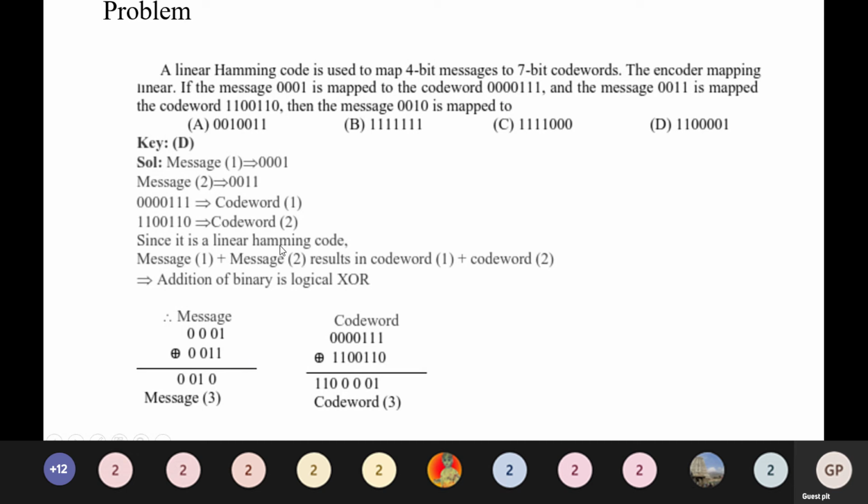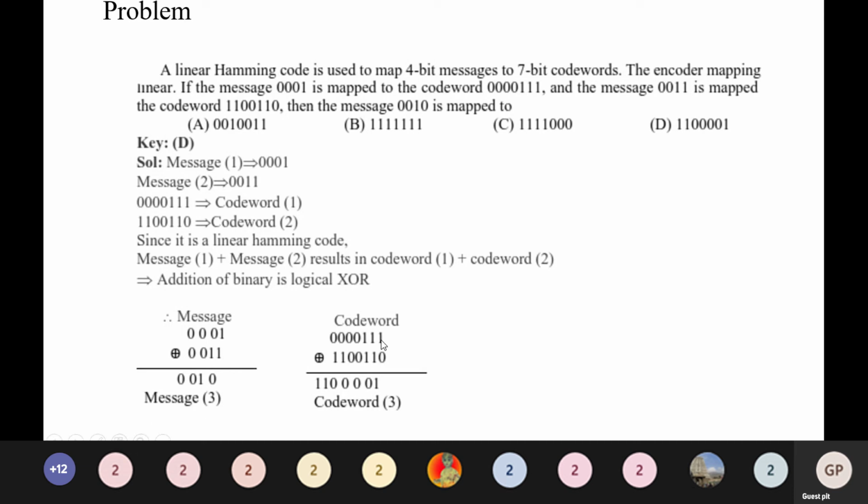So look into the properties of the code words. By looking into the properties of code words, you can just find out the answers.